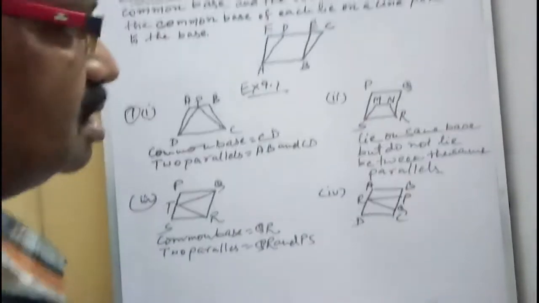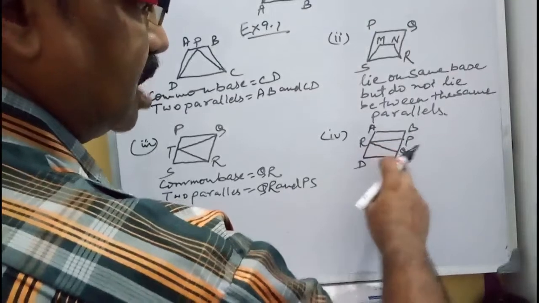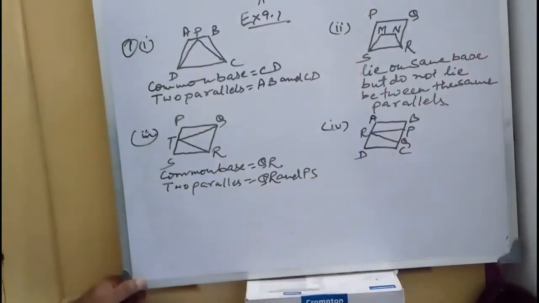For ABCD and PQR, they have no common base.